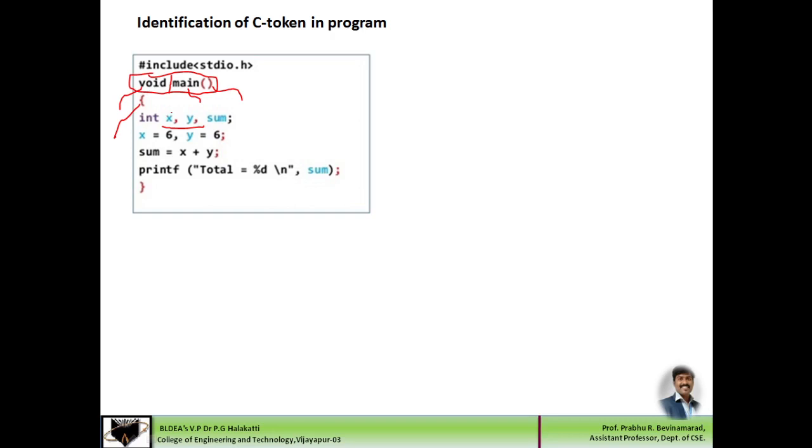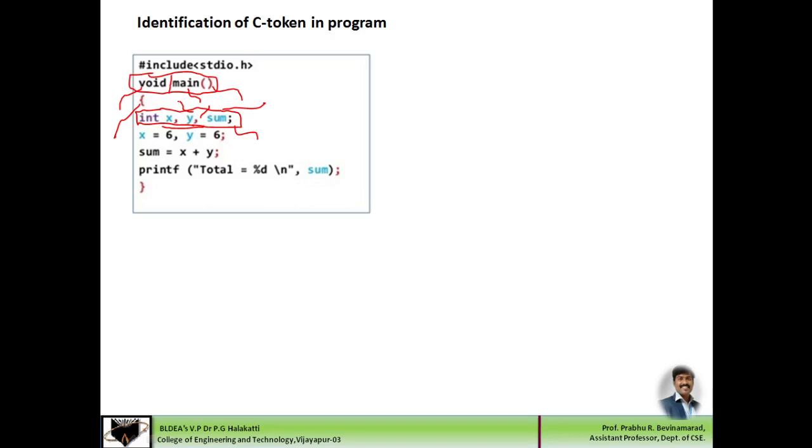Similarly, if I divide this whole statement into the smallest individual units which cannot be further divided, say I separate this semicolon from this statement, and this word, and this comma, and this x, all these are individual units of a C program, and we cannot divide them further.